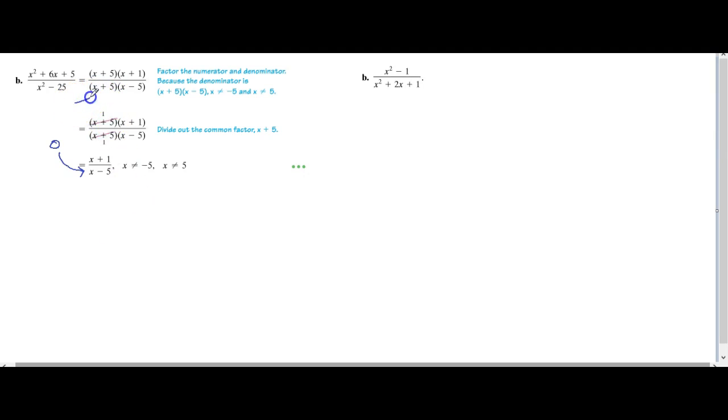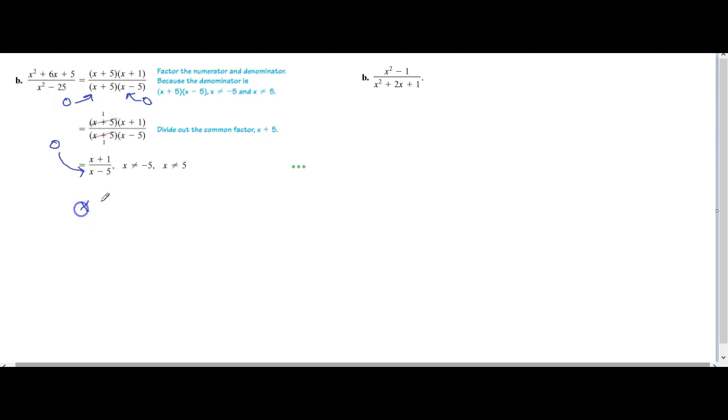And you always want to go back up to this part of the equation, because if either this expression or this expression is equal to 0, it's going to make the whole denominator 0. So for instance, if x plus 5 was 0, then it'd be 0 times x minus 5, which would give you 0, and vice versa.